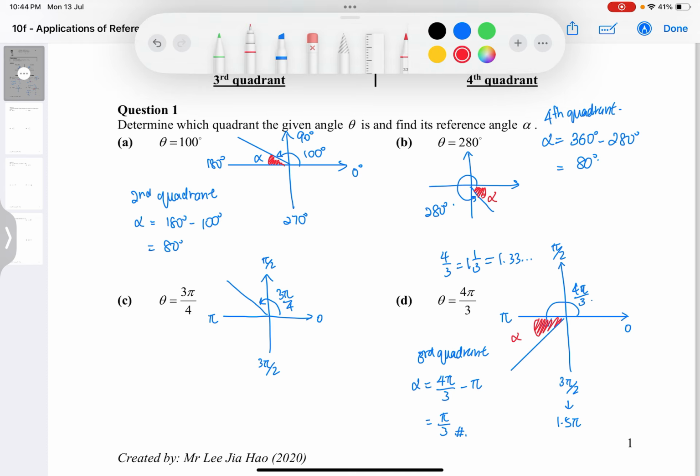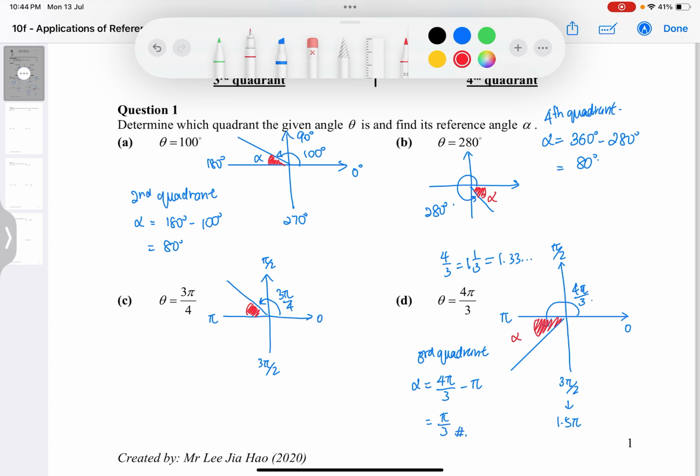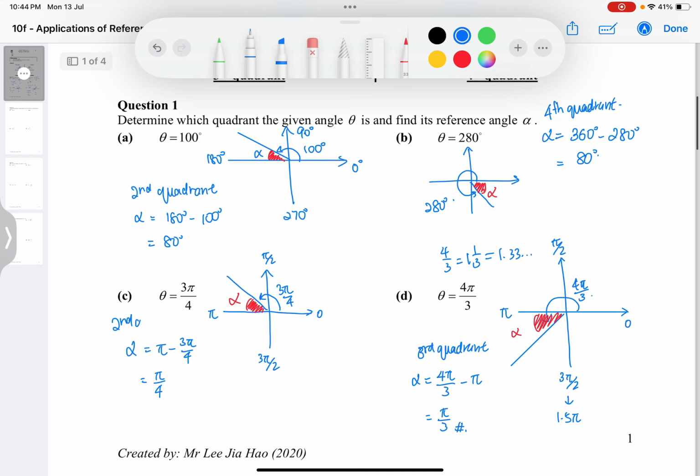The basic angle is the angle between the line and the x-axis, and that is pi minus 3 pi over 4, which is pi over 4. And this is in the second quadrant. Hope you got all of this right. In the next video, I'll be going through question 2.